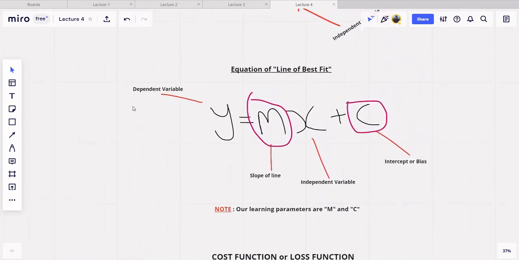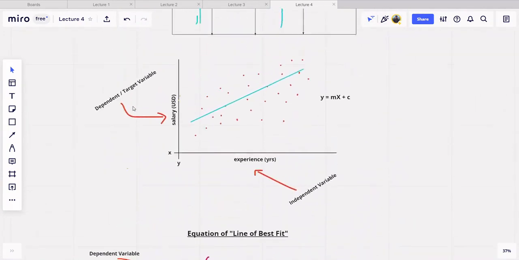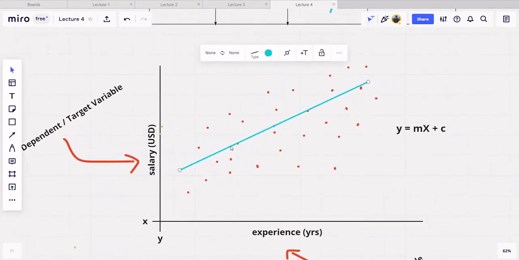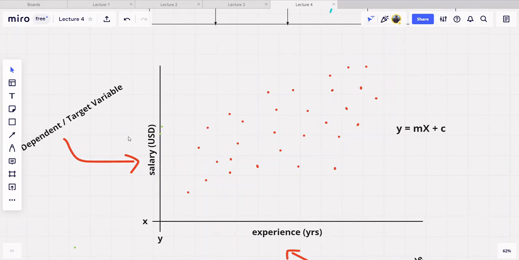Now we know how to judge which line is better. For example, I can draw this line and I can draw this line.